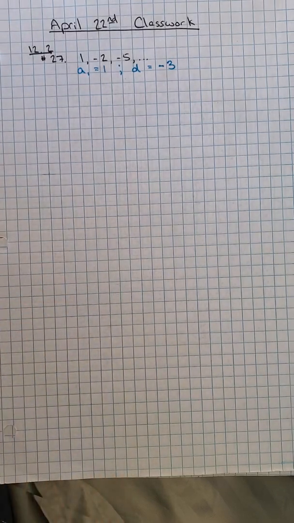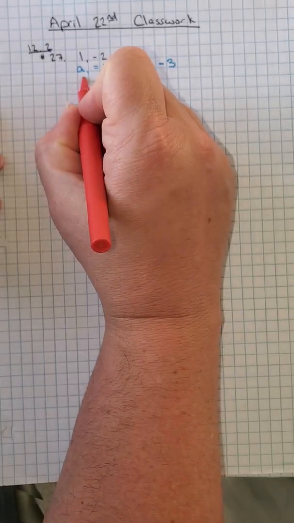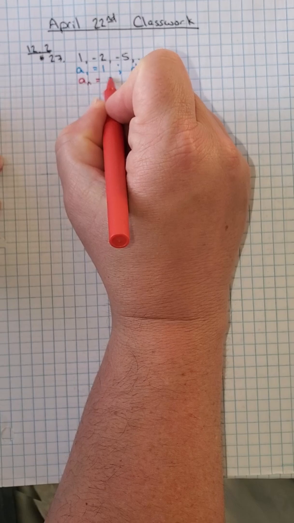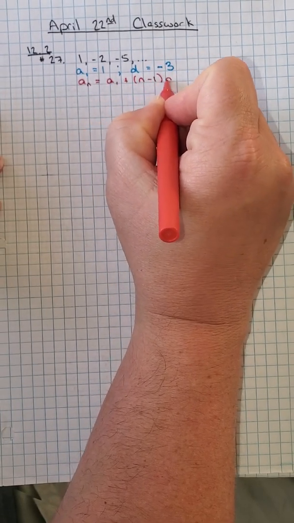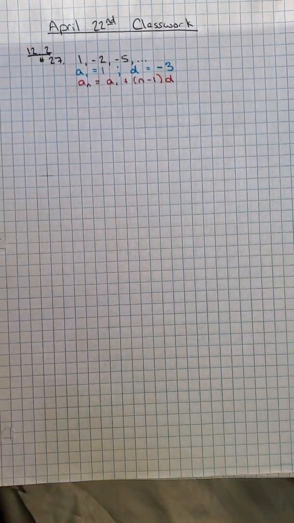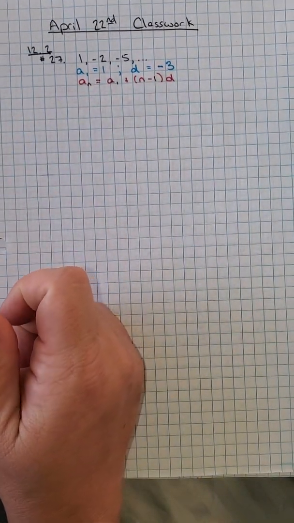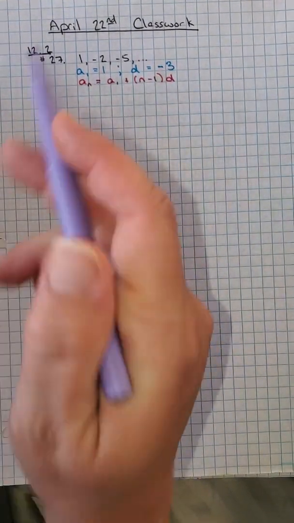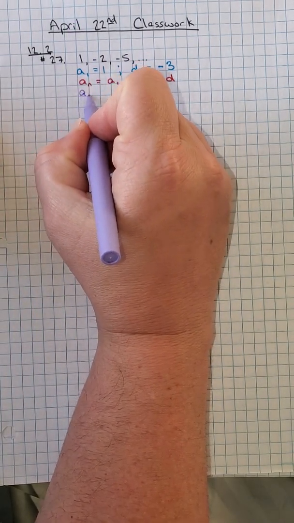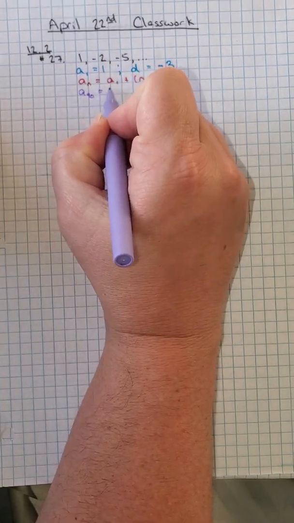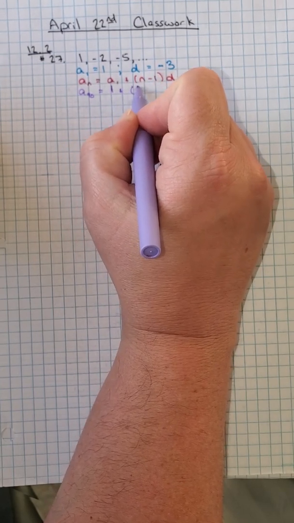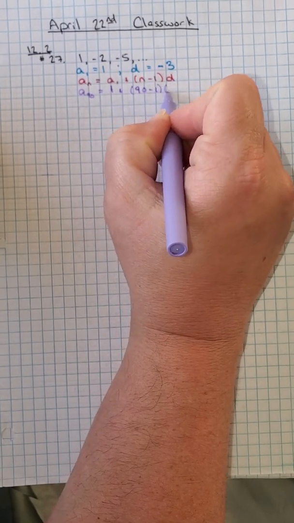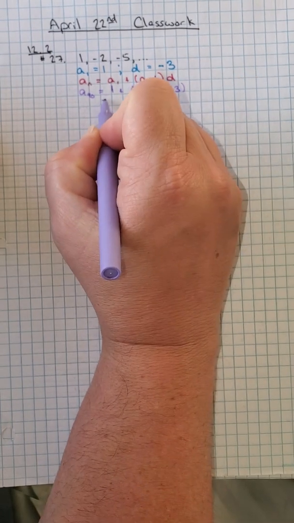So I'm going to use the formula a sub n equals a sub 1 plus n minus 1 times d. And we want to find the 90th term, so that means our n is 90. So a sub 90 equals our a sub 1, which is 1, plus 90 minus 1 times our d, which is negative 3.